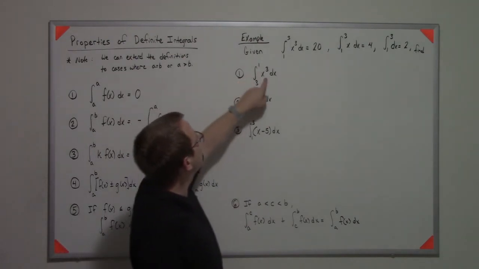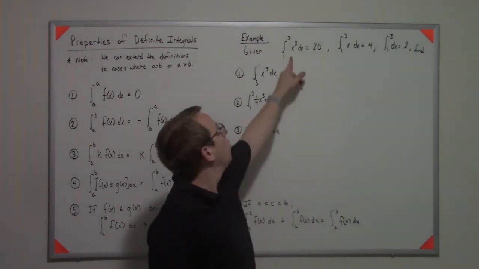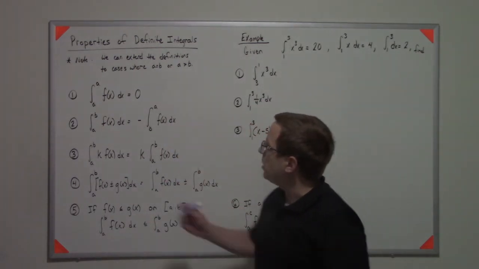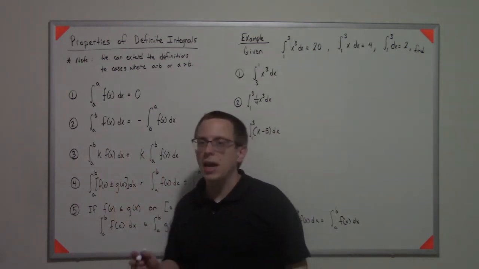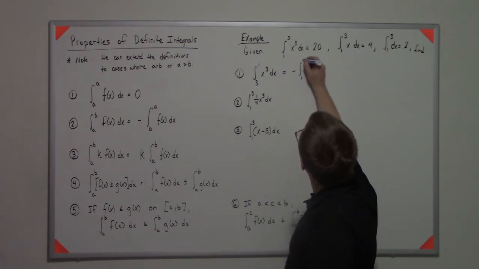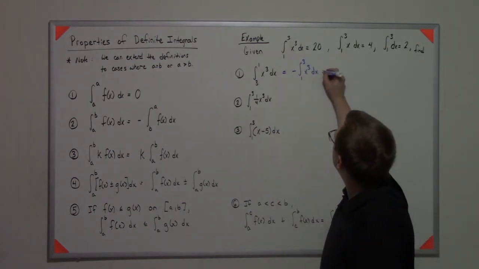In the first case, it looks like this, except it's 3 to 1, not 1 to 3. Property 2 tells me it induces a negative, so that's the negative of the integral from 1 to 3 of x cubed dx, which is negative 20.